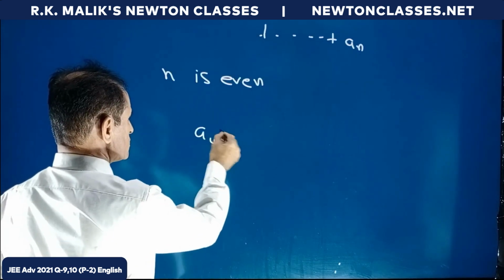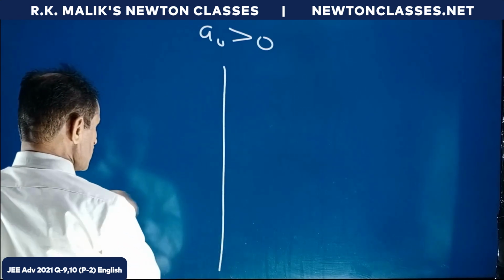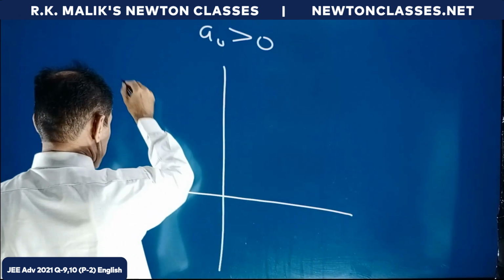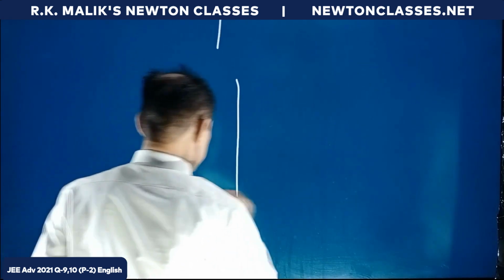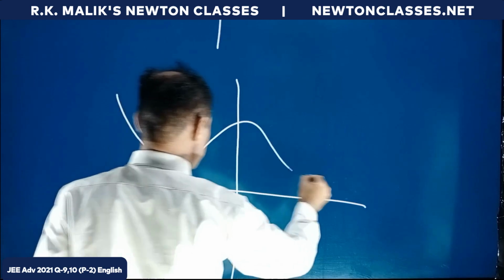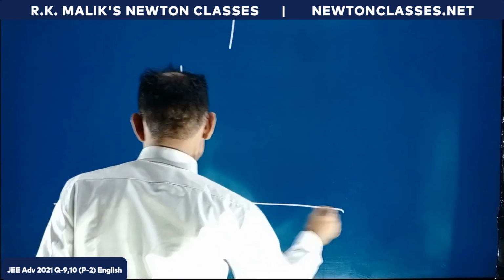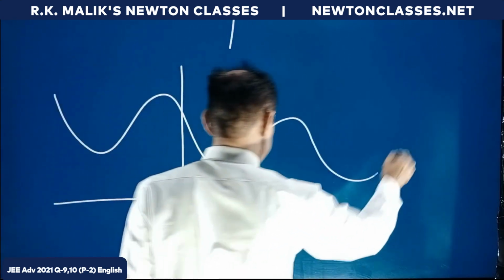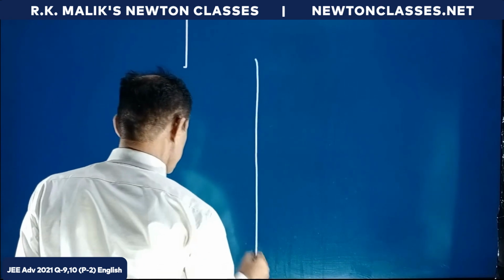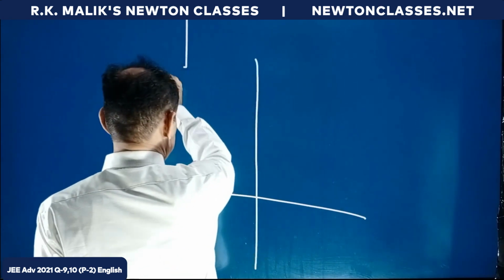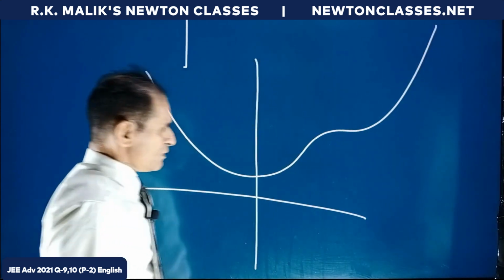If n is even and a0, that is the coefficient of the maximum power of x, is positive, either the graph will be of this type, or this type, or this type.